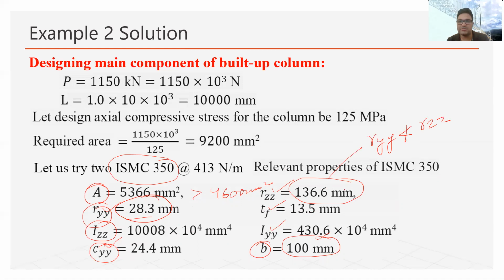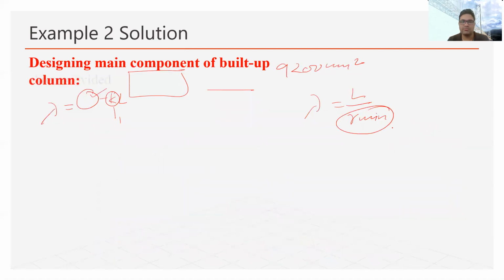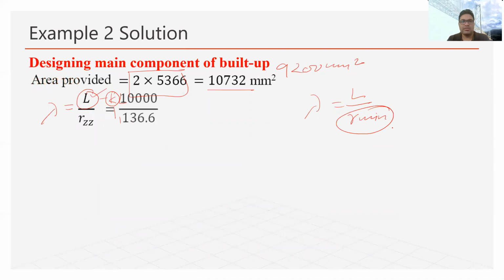So here in this case RZZ is 136. So ultimately we have to place our column such that RYY and RZZ both will be the same. So that is why R minimum in this case I am taking as RZZ. The same I have explained in the previous lecture also when I was solving a similar column. So in this case, finding the lambda value as 73.21.